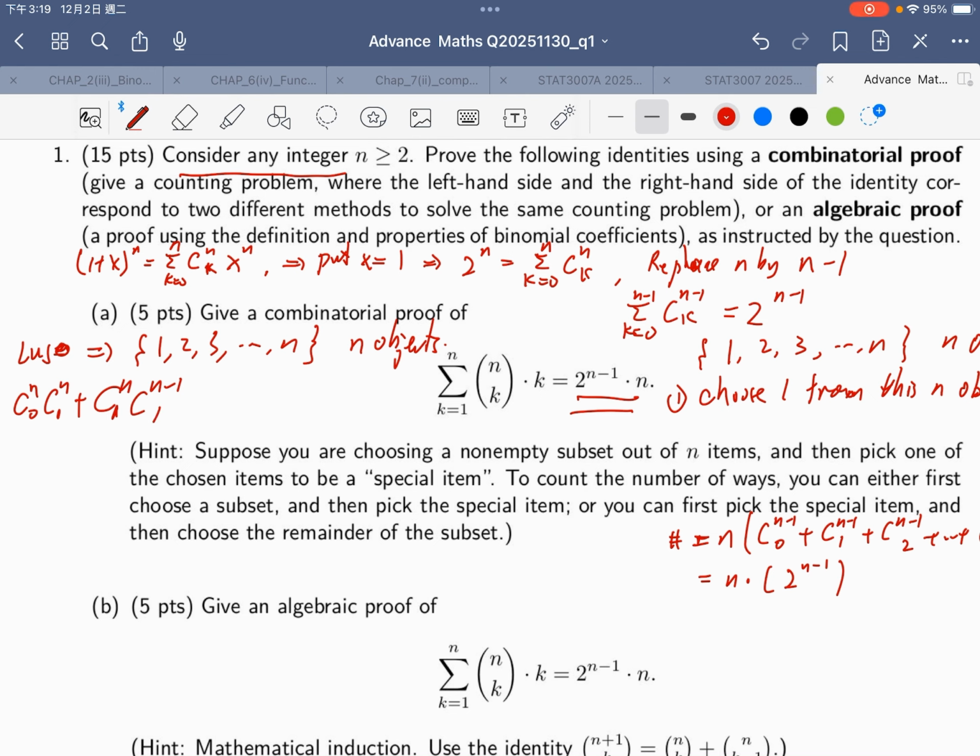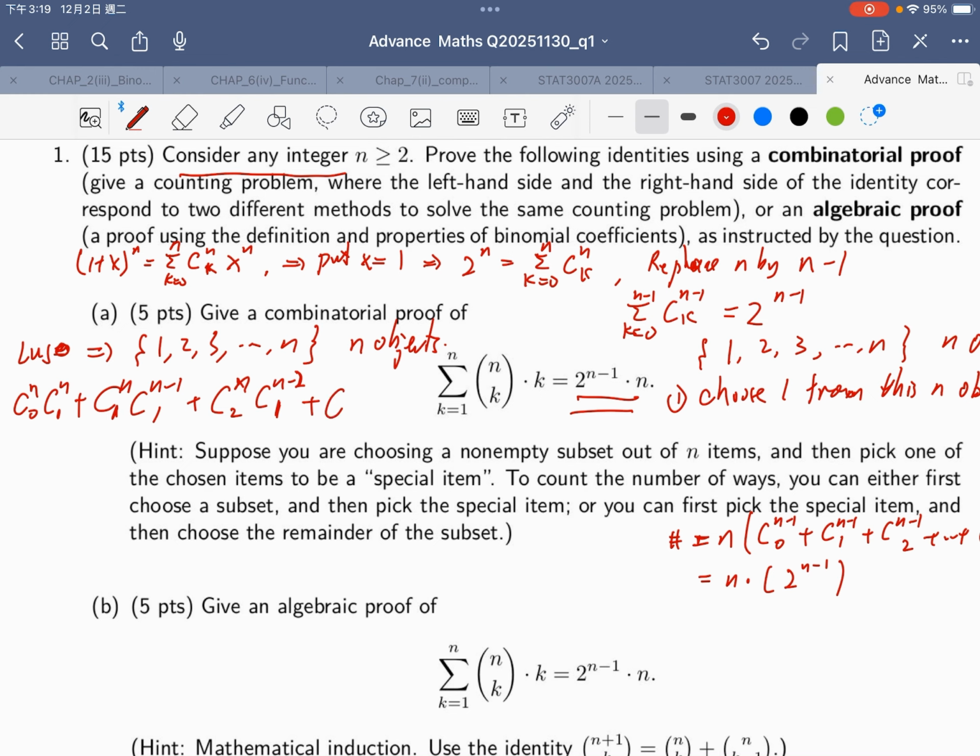And then plus nC2, where the other part, n minus 2, not n minus 1, chooses 1 object.